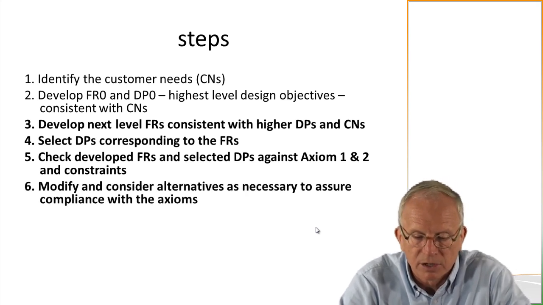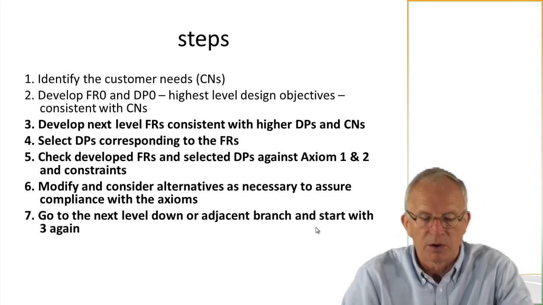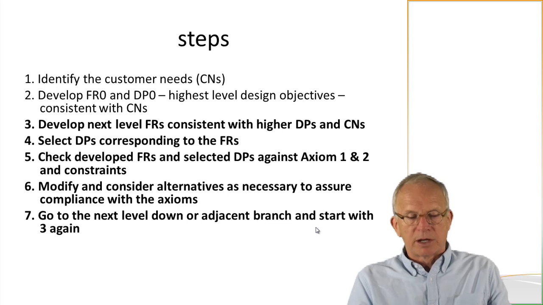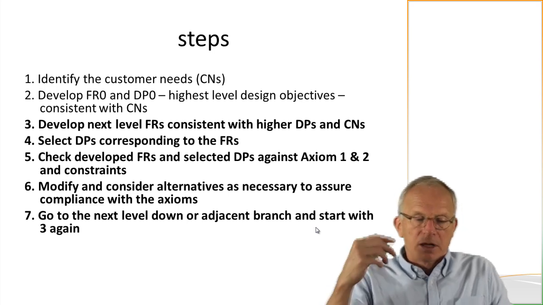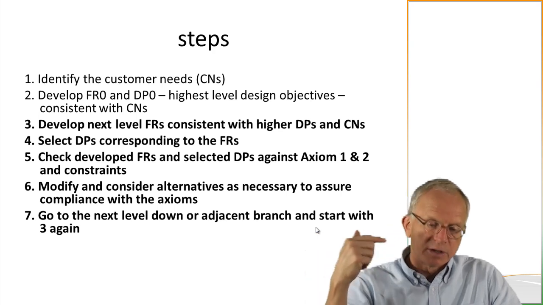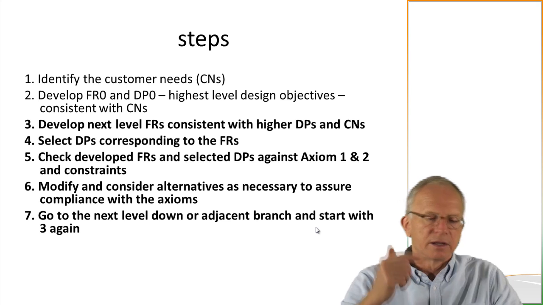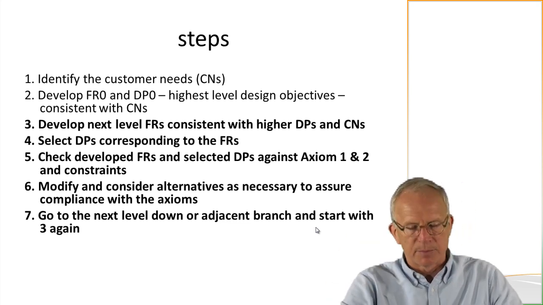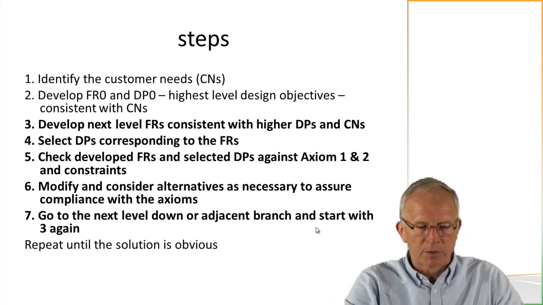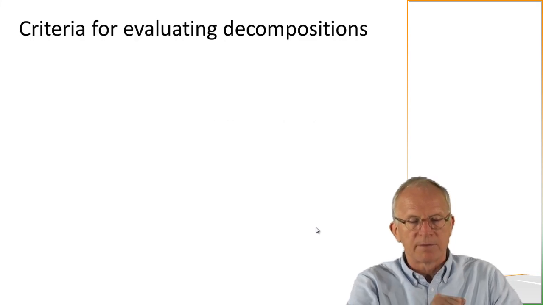Modify and consider alternatives as necessary. To assure compliance with the axioms, go to the next level down or adjacent branch and start at step 3 again. These iterations are productive since they're developing the decomposition, and the extent to which the decomposition is developed is a good measure of progress in design. We'll talk about that. So repeat that until the solution is obvious.